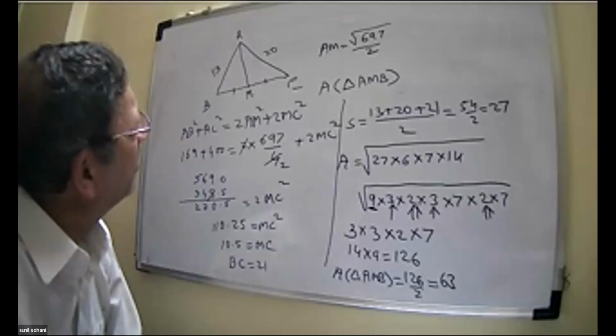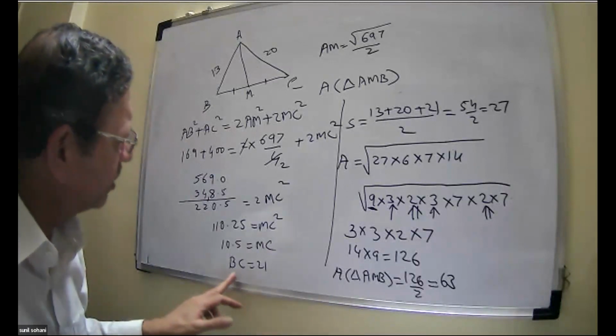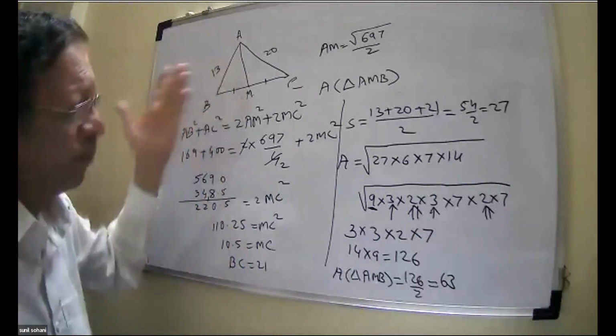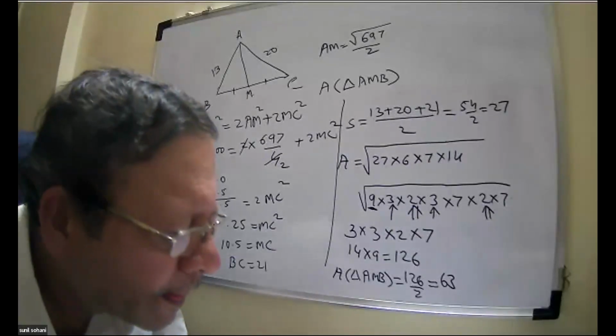Sir, why didn't you use the half into base into height formula? Sir, the height is not known. We got the base, which is equal to 21, but the height we don't know. Sir, can't we consider the median?